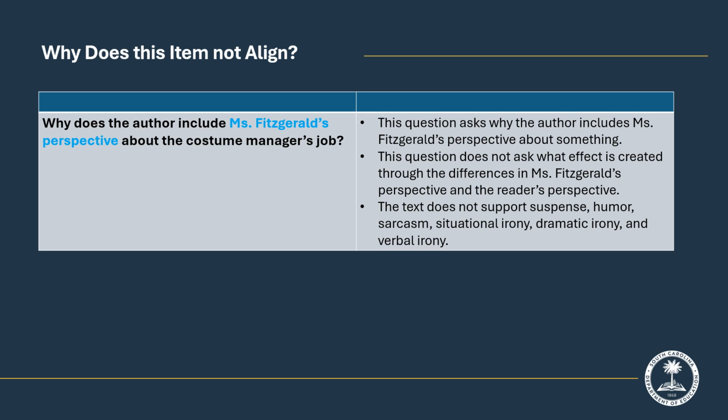The old question asks why the author includes a character's perspective. The question does not address that the reader and a character may have different perspectives and how that difference can create effects such as dramatic irony. This is why the old item does not align to the 2024 standards.